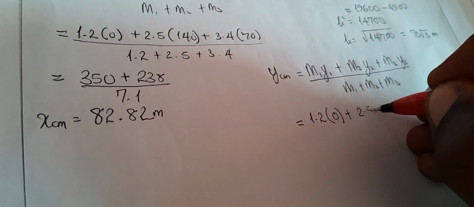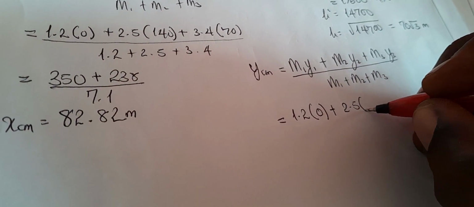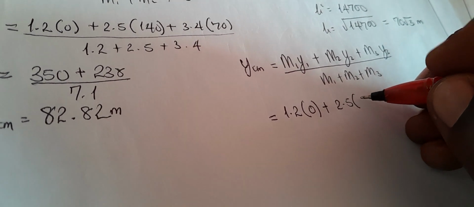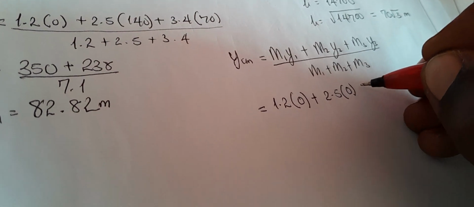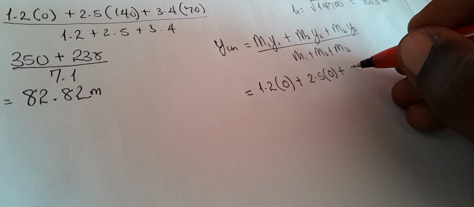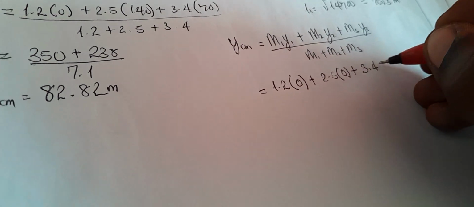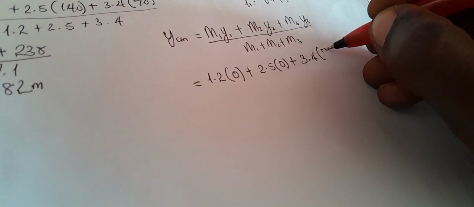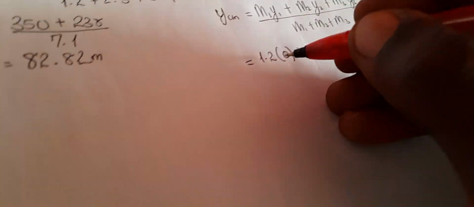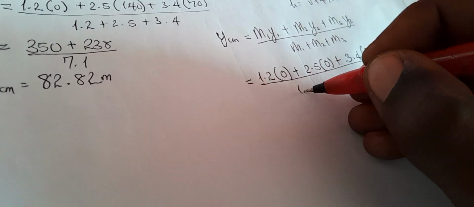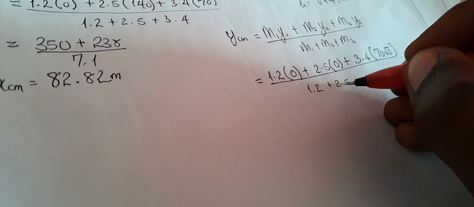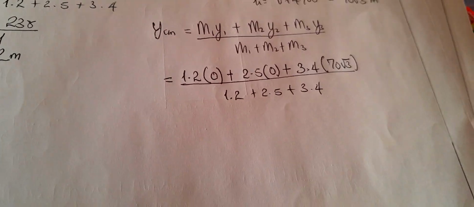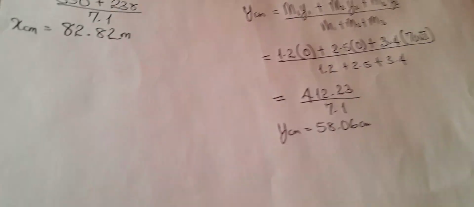M2 is 2.5, and the position of M2 on the y-axis is 0, plus M3 is 3.4, and the position of M3 on the y-axis is 70 root 3, over the sum 1.2 plus 2.5 plus 3.4. So I'll just simplify. Right, this is the value for ycm after simplifying.